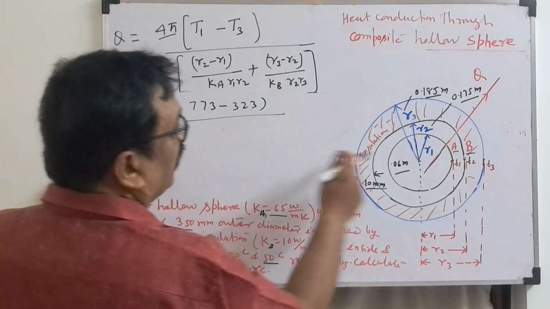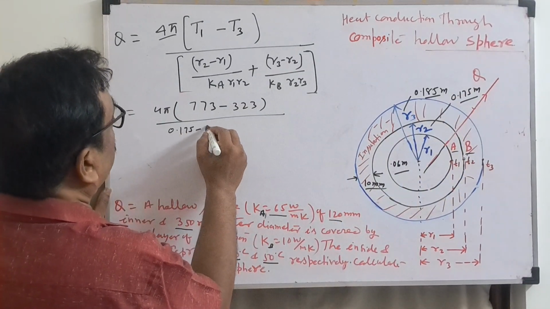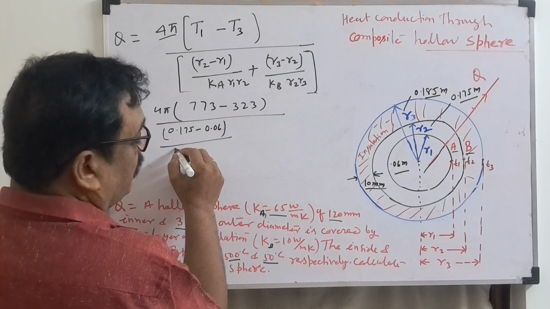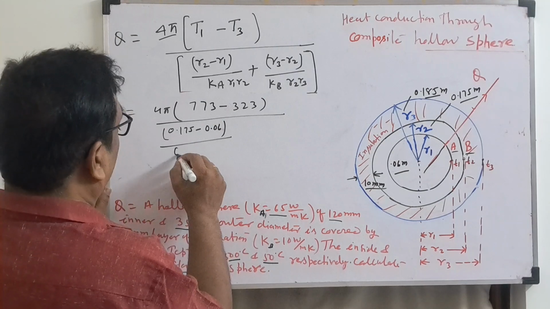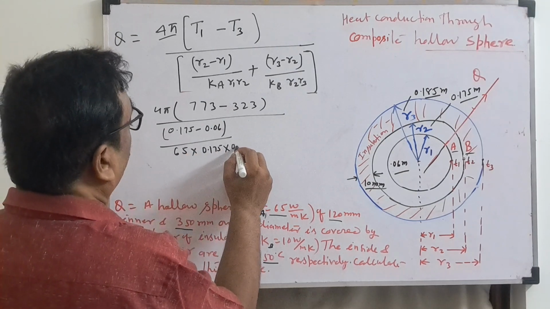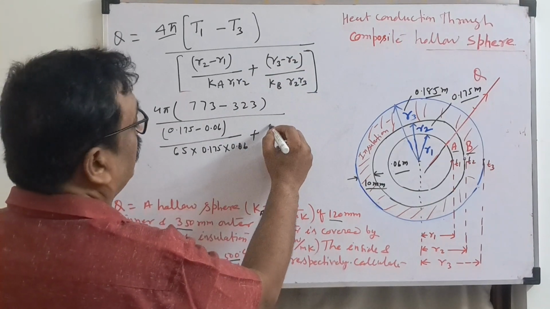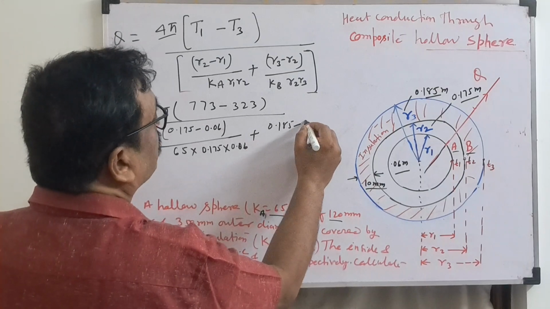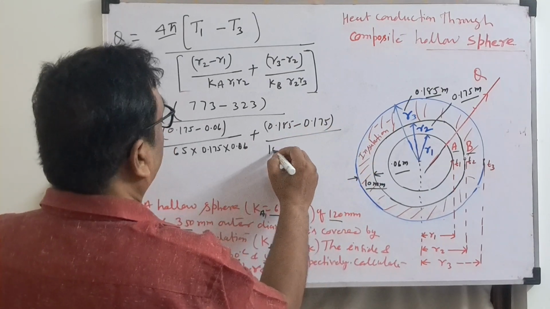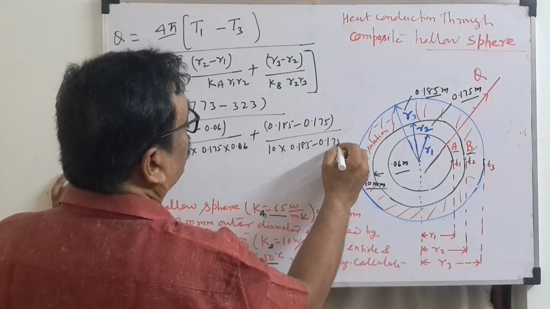Now R2 is 0.175 minus R1 0.06, divided by thermal conductivity, which is given as 65, into 0.175 into 0.06, plus the second one: R3 0.185 minus R2 0.175 divided by 10 into the same product 0.185 into 0.175.